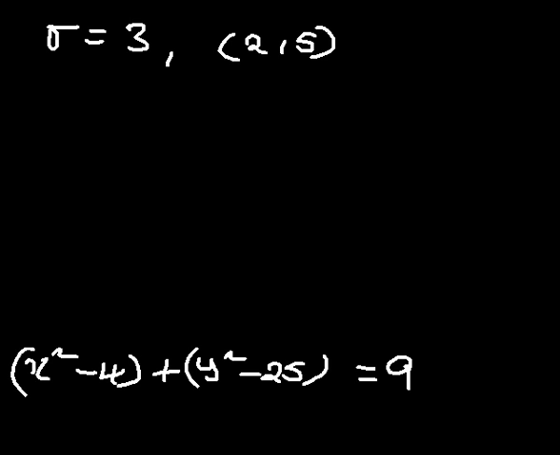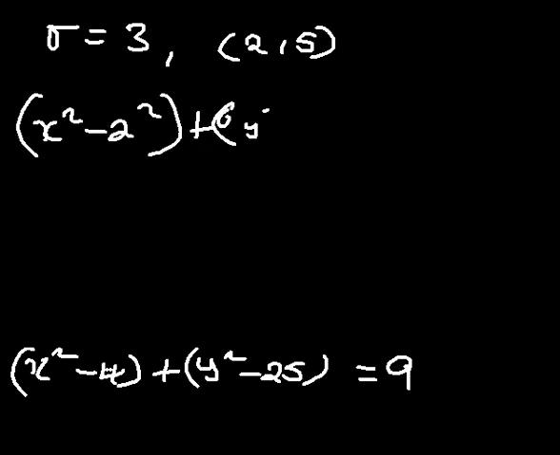And for the rest, think of expressing negative 4 as well as 25 to have the power of 2. Now have it as x squared minus 2 to the power 2, plus y squared minus 5 to the power 2, which is equal to 9.